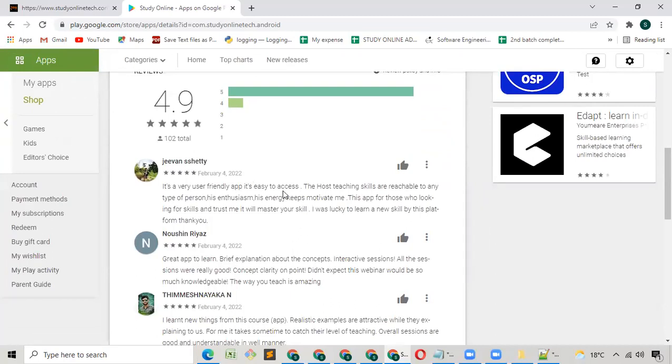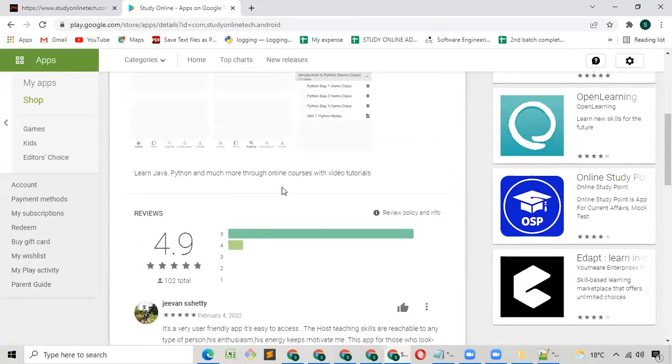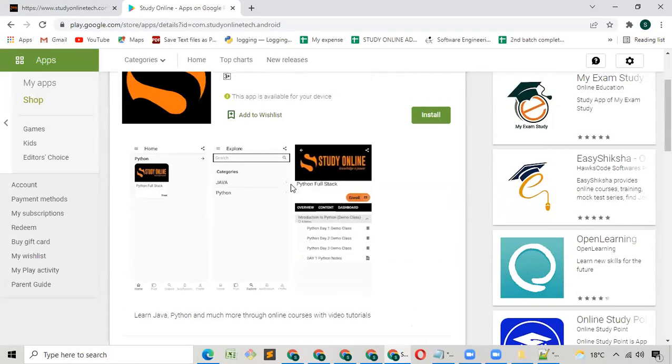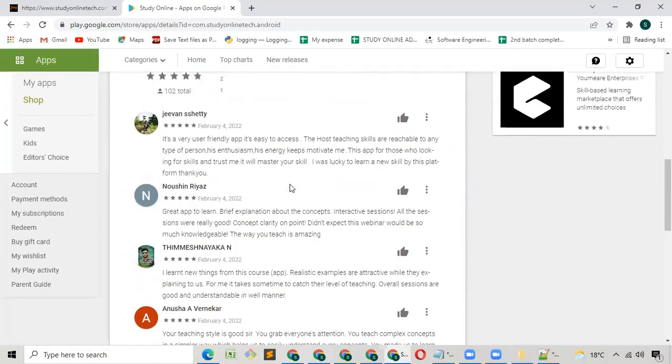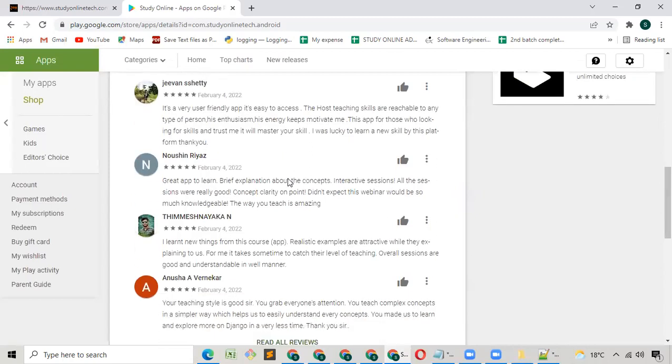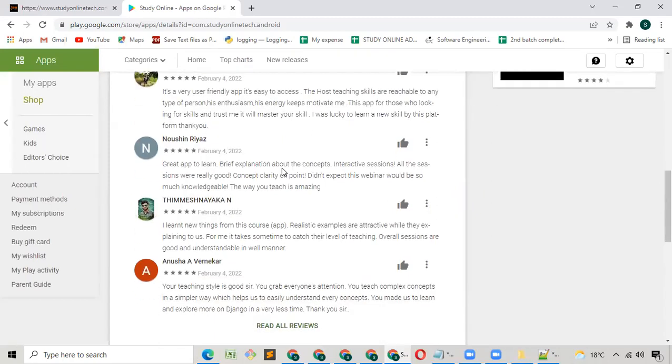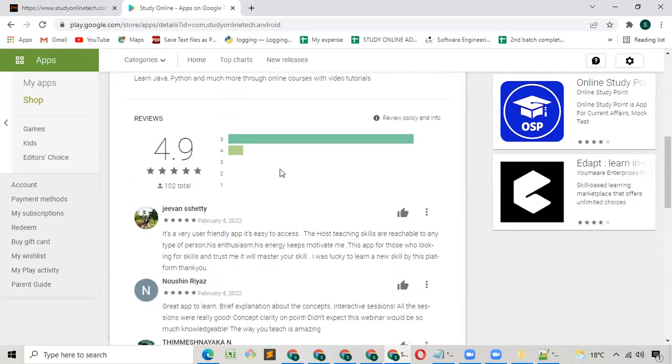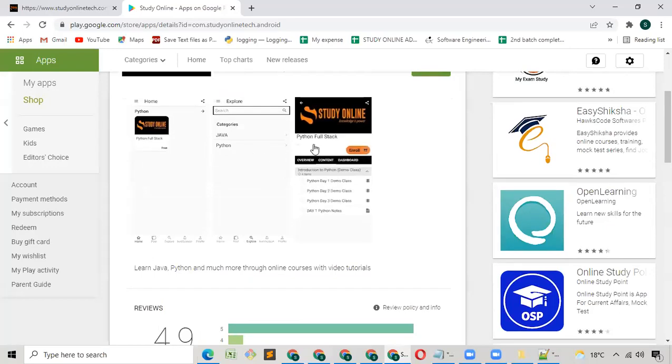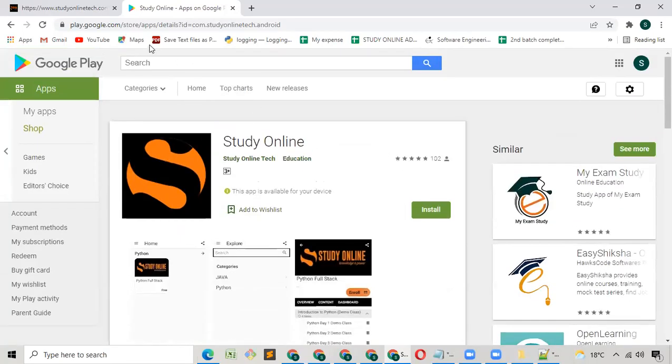This is the application. If you haven't given the feedback, please do give feedback regarding the teaching application, but maybe after 1 week. I think now it's too early to give feedback. If you want to explore, you can explore our application. I'll paste this link in the Telegram later. Will that be fine? Thank you so much.